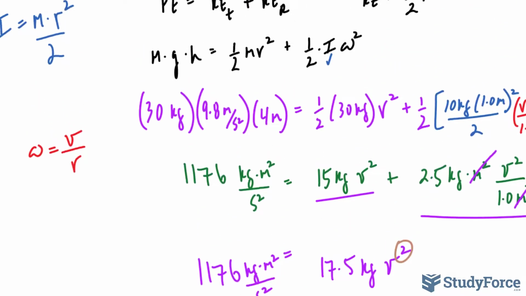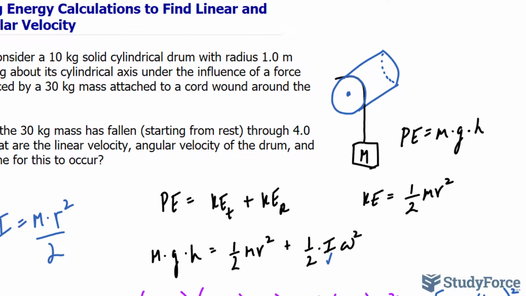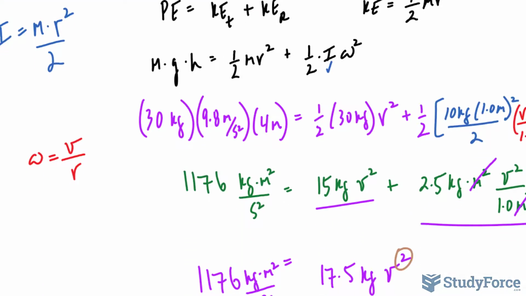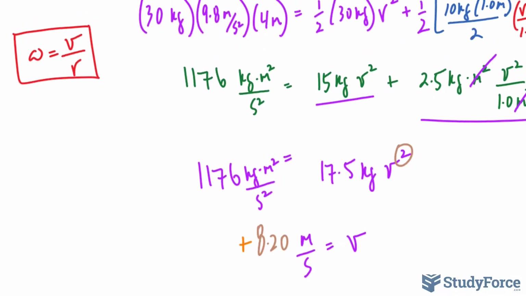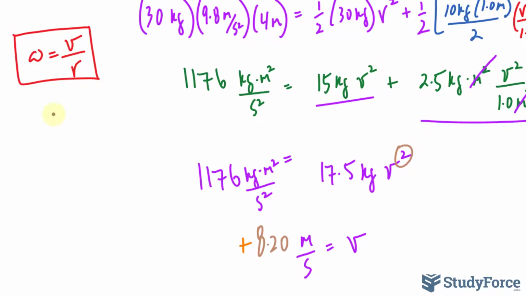Now we can go ahead and find the next part, which is the angular velocity. I discussed how angular velocity and linear velocity are related using that formula. I'll take this value of 8.2 and substitute it in for v. 8.2 meters per second divided by the radius of 1.0 meters.